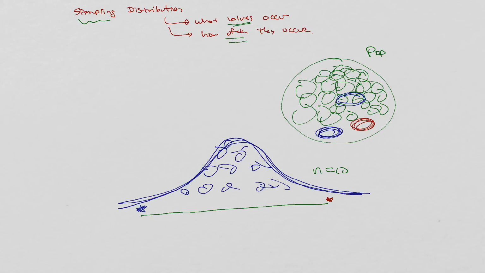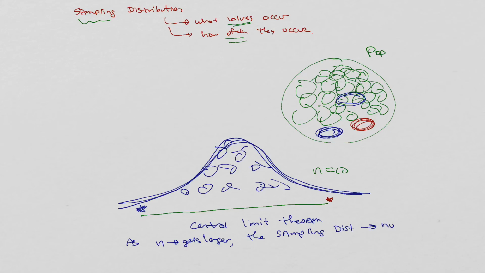That's what the central limit theorem tells us. It tells us that as the sample size gets bigger, right? So as n gets larger, then the sampling distribution starts to look like that normal distribution.